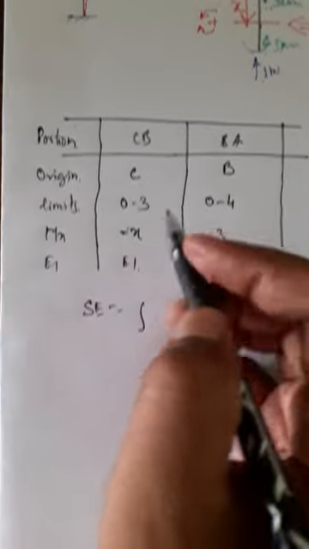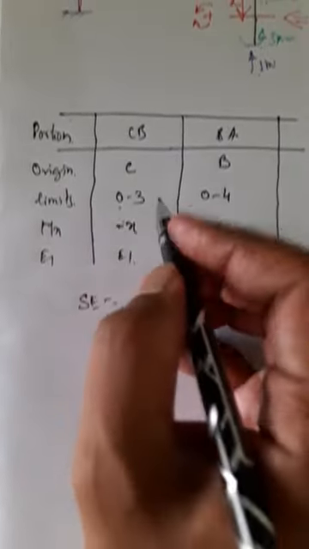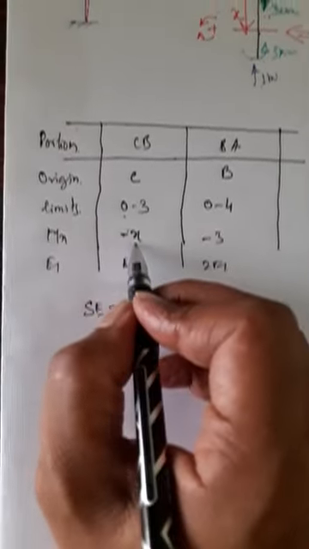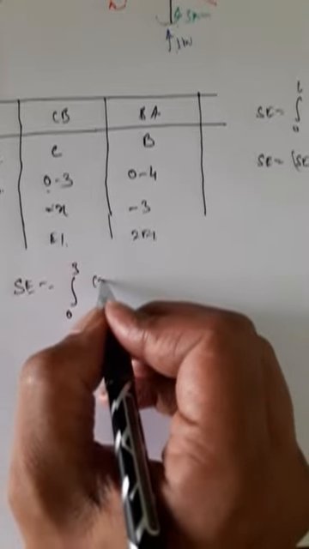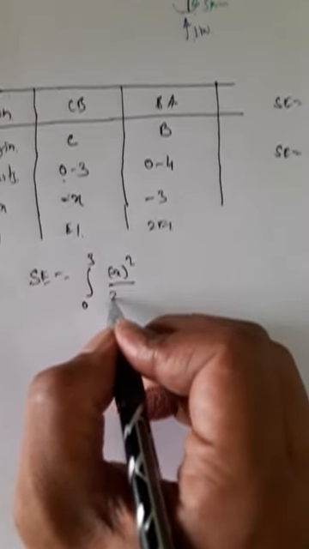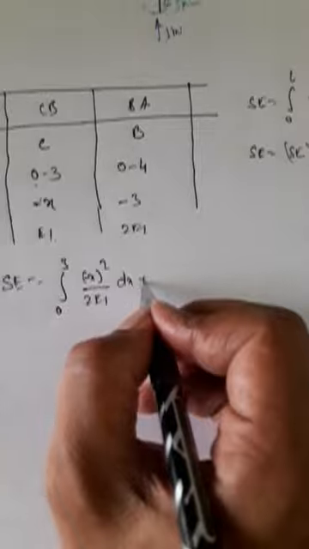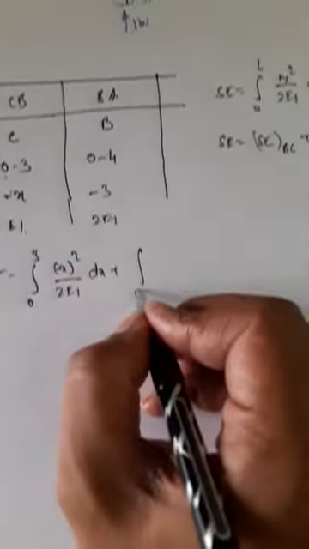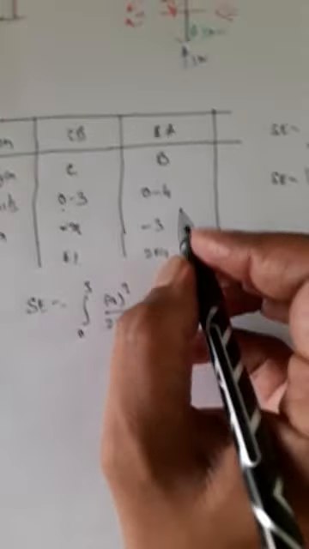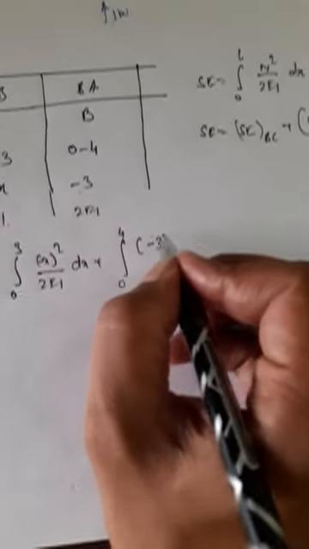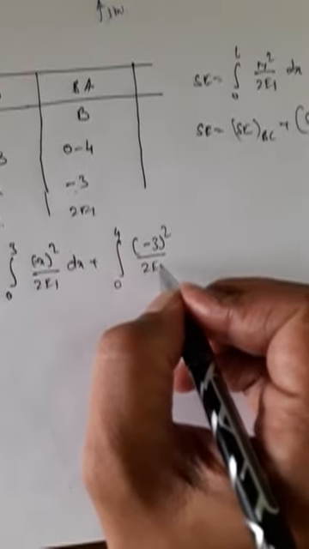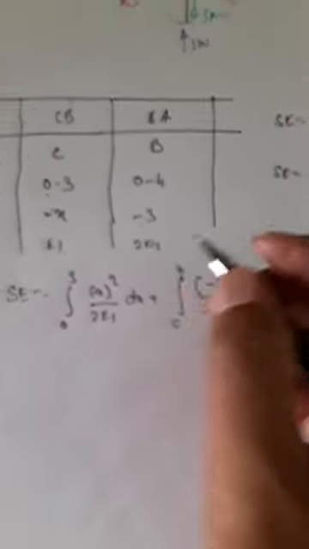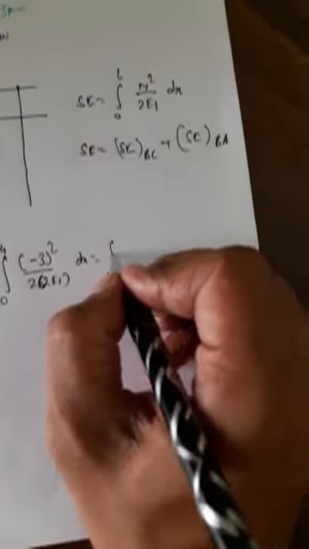For this integration, first substitute the limits 0 to 3. M square, M you have to take these values, minus x bracket square divided by 2EI dx, plus for BA limits are 0 to 4. M is minus 3 bracket square divided by 2 into 2EI, dx.